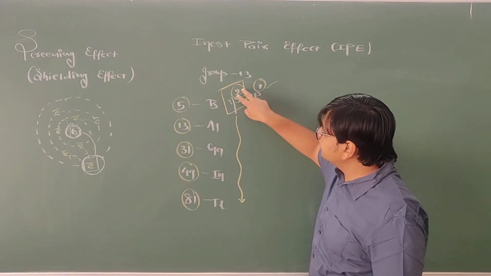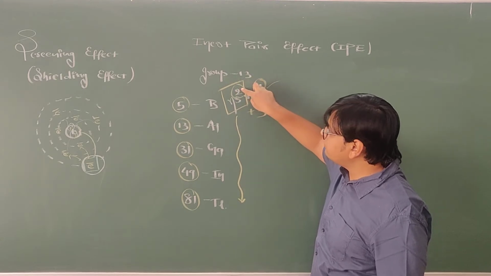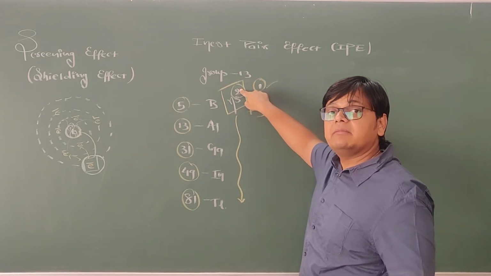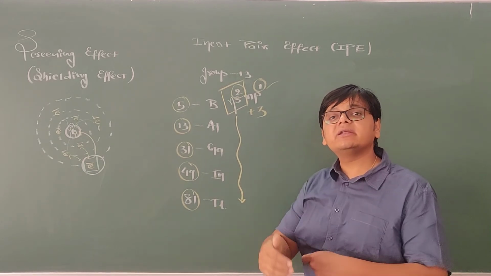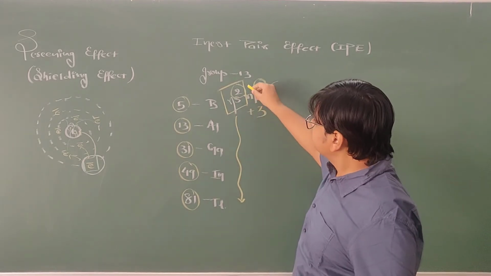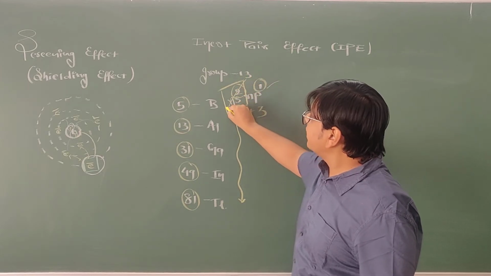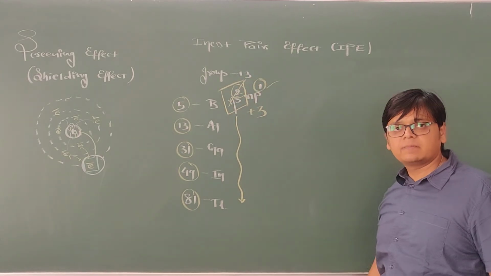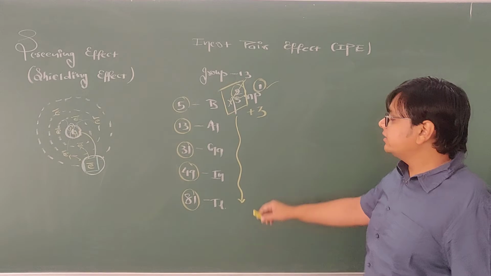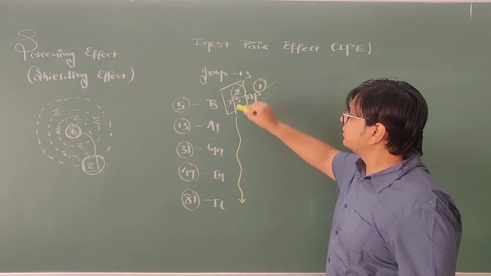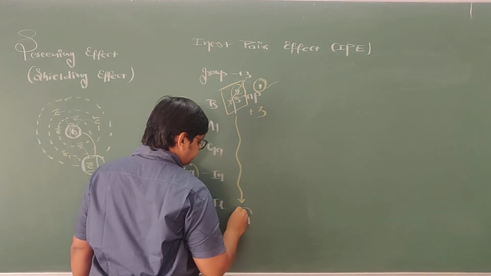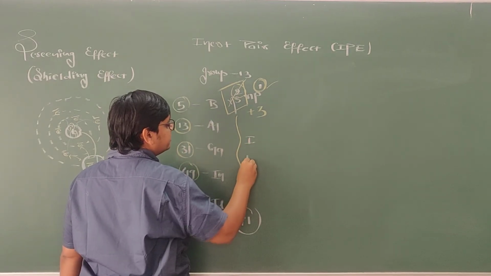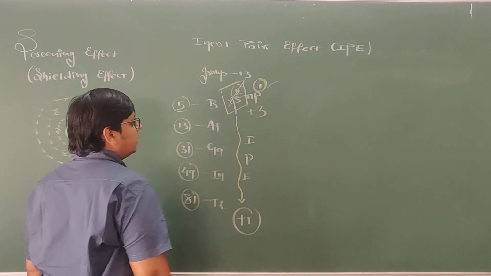So this pair of electrons became inert due to the increase in nuclear charge, and it will not participate in bond formation. So the electrons available for bond formation is 1 only. So the oxidation state we can observe is +1. This is called inert pair effect.